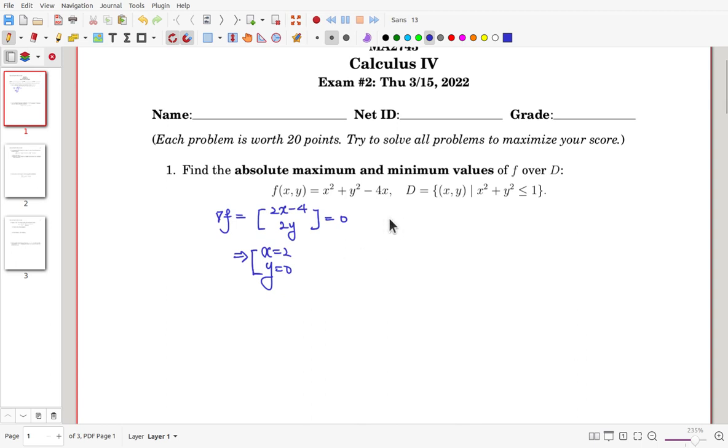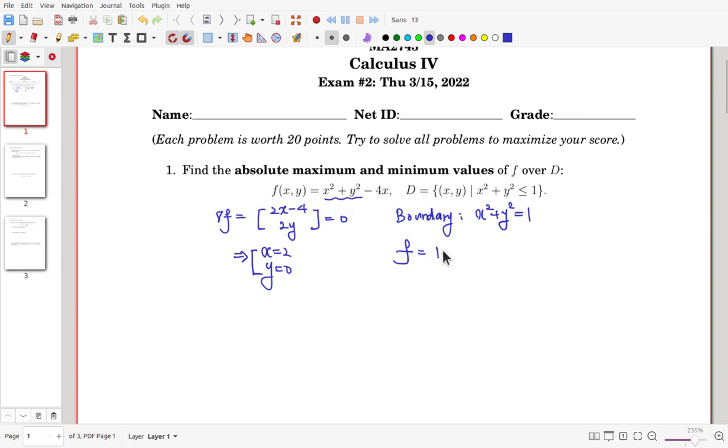Okay, let's move on. Boundary. That is x squared plus y squared equals 1. So along with that, f becomes 1 minus 4x, since that is 1.